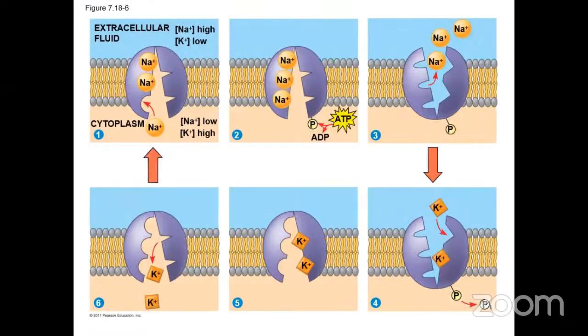This is the transportation. This is the extracellular fluid, where you have high sodium concentration and low potassium concentration. So what happens? We have the sodium potassium ATPase, or transport, where in the cytoplasm we have low sodium and high potassium concentration. So this sodium comes here and will be released outside.